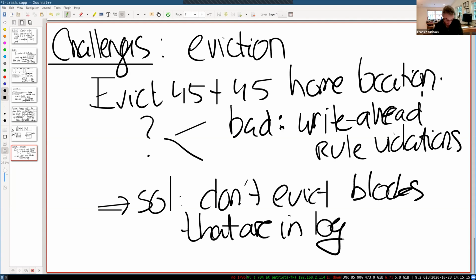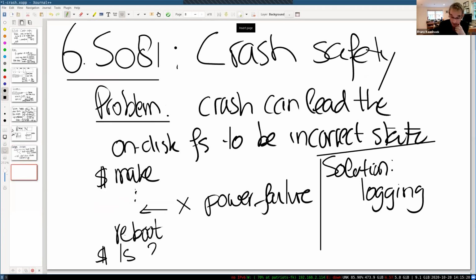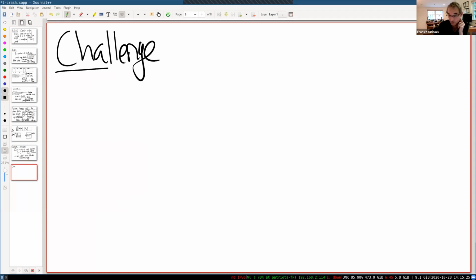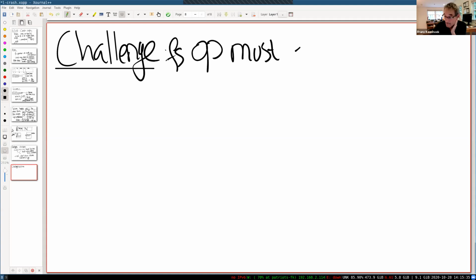Let's look at another complication. The file system operations must fit in the log.